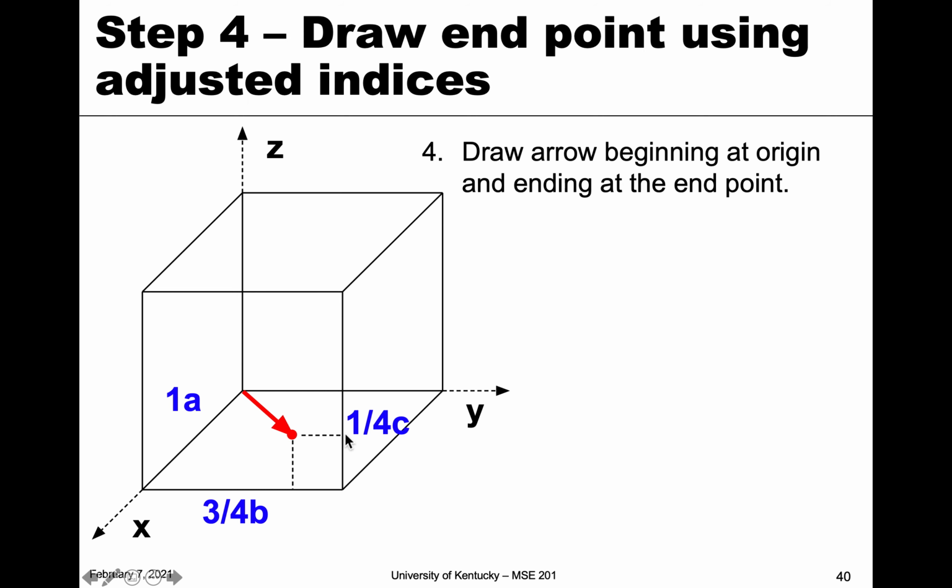If you don't show any sort of work or scales, it's often very difficult to determine where the direction is going. If it's not obvious, like going to a corner or an edge, then you want to show your work. So I would recommend always showing your work if you want us to be able to know where that direction is.